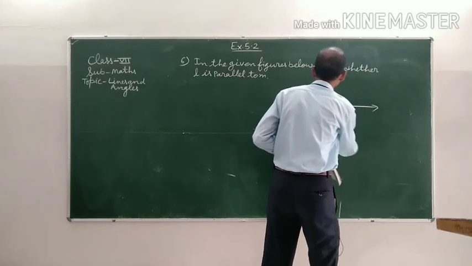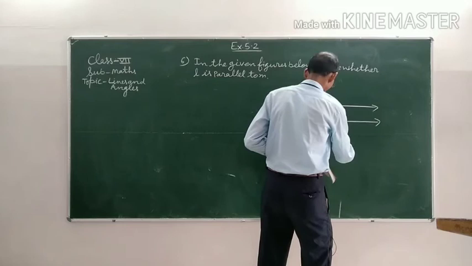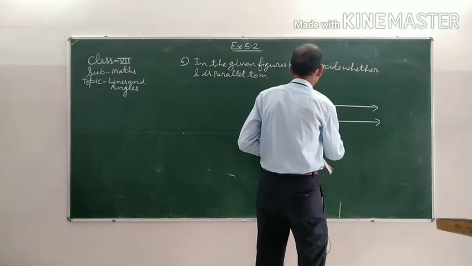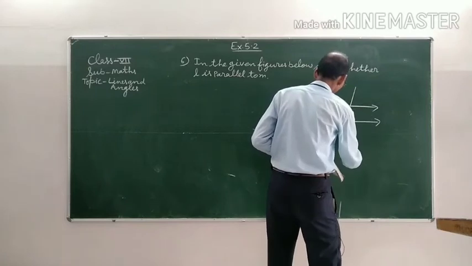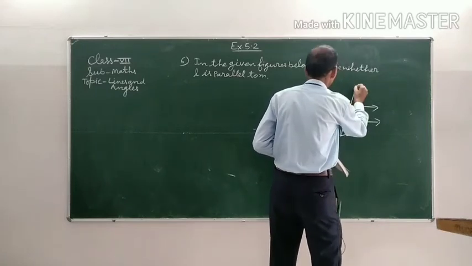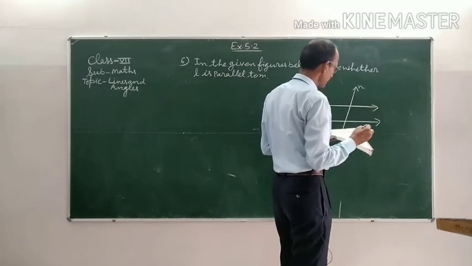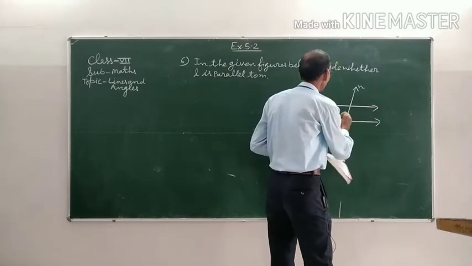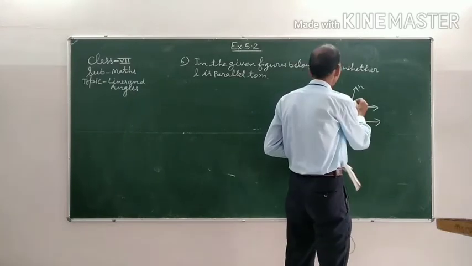Two lines L and M are cut by a transversal N, and this angle is 123 degree, and this angle is 57 degree.